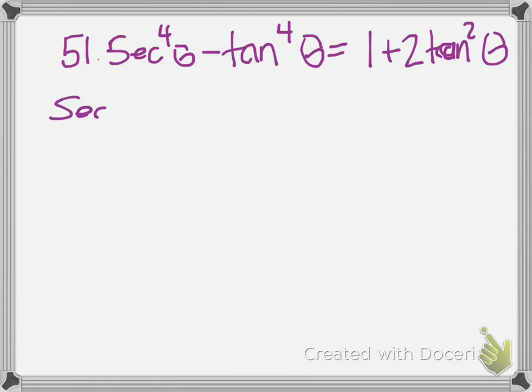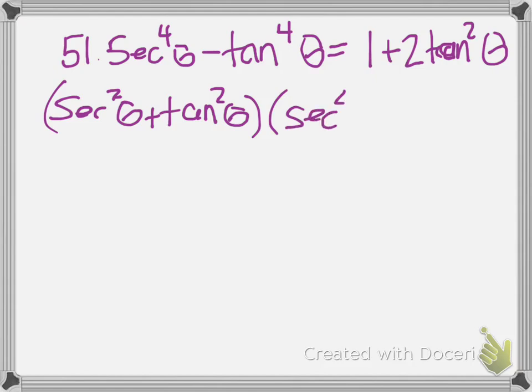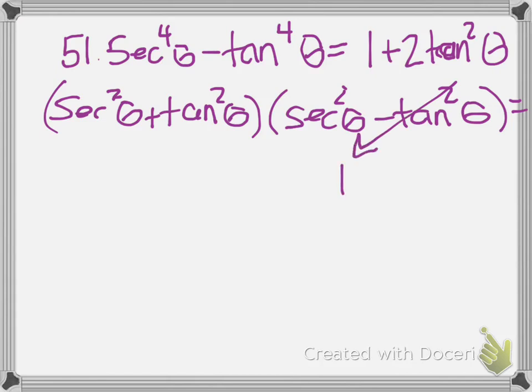I have secant squared of theta plus tangent squared of theta, and then I'm going to have secant squared of theta minus tangent squared of theta. Now, that really allows me to do some really good stuff, because if you look back at your ticket, are any of these identities? I think so. I think secant squared minus tangent squared is just going to be equal to 1.